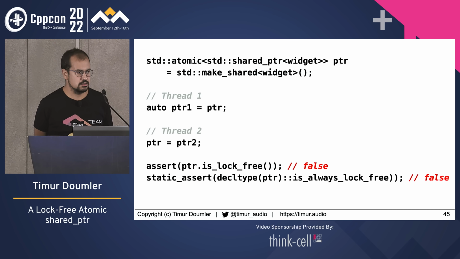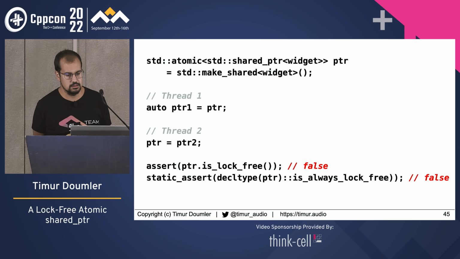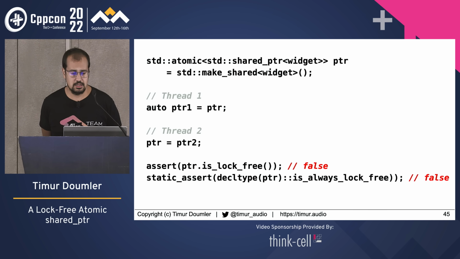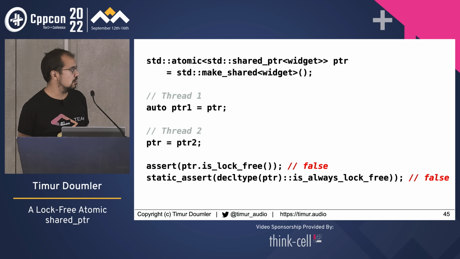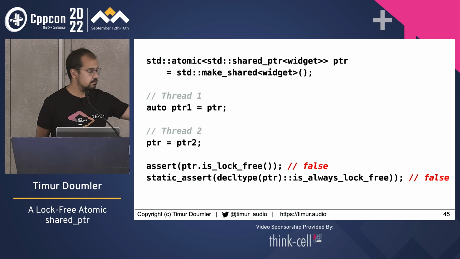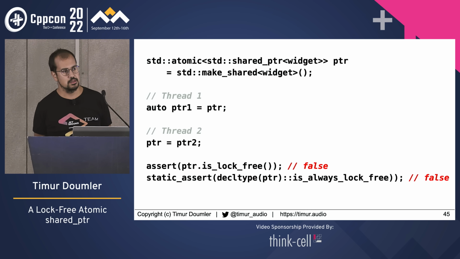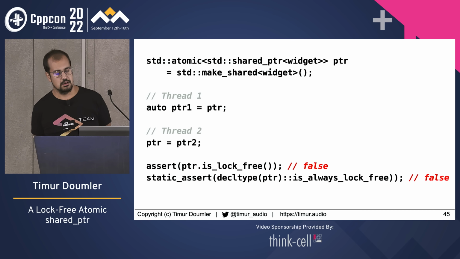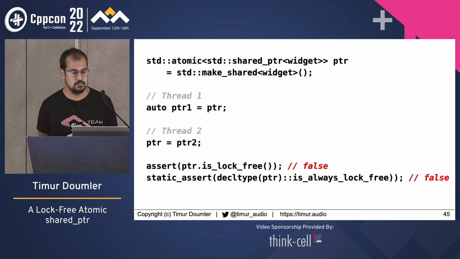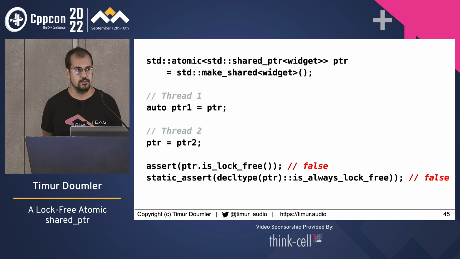And yeah, it turns out if you use the standard versions today on the two compilers that do ship it already, GCC and MSVC, you have the is_lock_free check in the std::atomic, and if you do that, every implementation reports that it's not lock-free. So they're all implemented with mutexes inside.